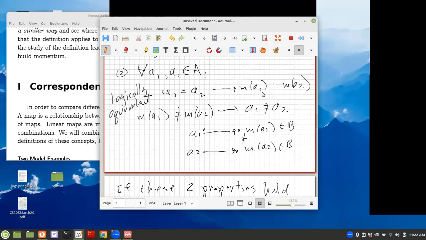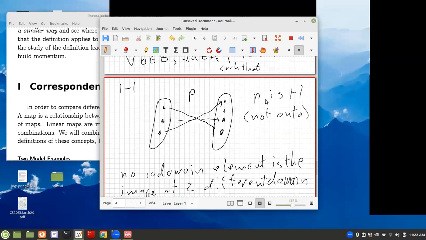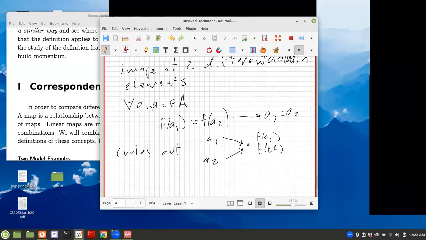It's A1 equals A2 going to the function here. If this holds, then f is one-to-one. This is the one-to-one property. It's the converse of the condition for a well-defined map: A1 equals A2 implies f of A1 equals f of A2. So this is the condition for being one-to-one, and it's a turned around version of a well-defined map.